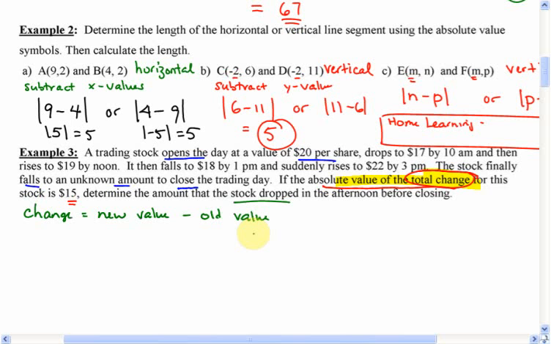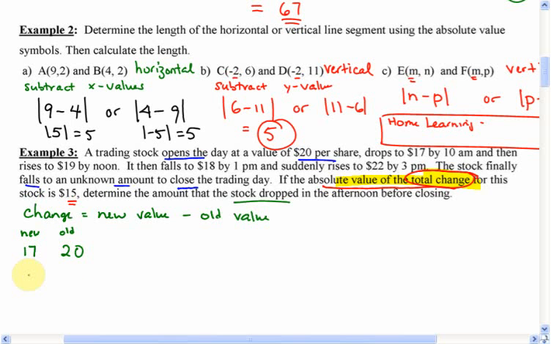The first change, I believe, occurs between the start till 10 a.m. What was the price at the start? $20. So that's my old value, right? What's the new value then at 10 a.m.? 17. So I'm going to say new, which is 17, take away old.